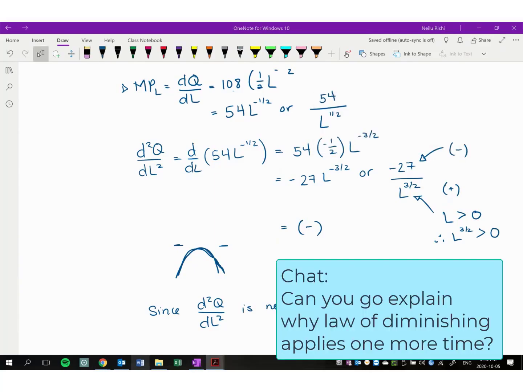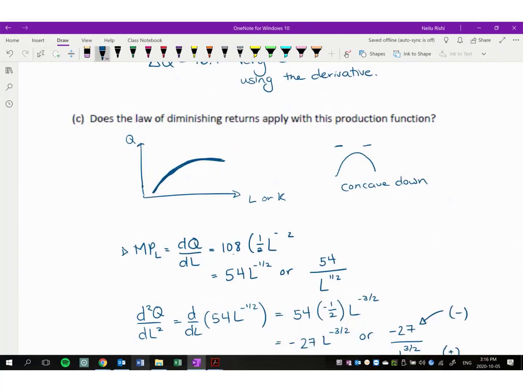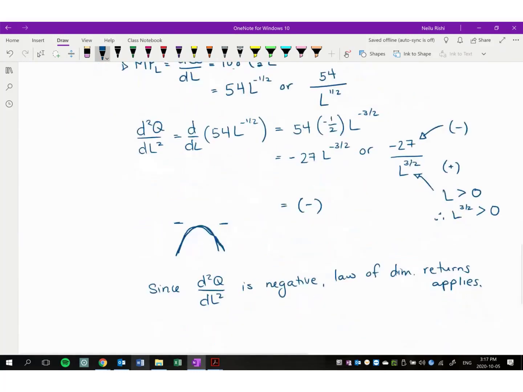So for the law of diminishing returns to apply, you can see that it has to follow this shape that we have in this graph right here. And so this is a concave down shape. And you can only have this shape if the second derivative is negative. So we had to prove that the second derivative is always negative.